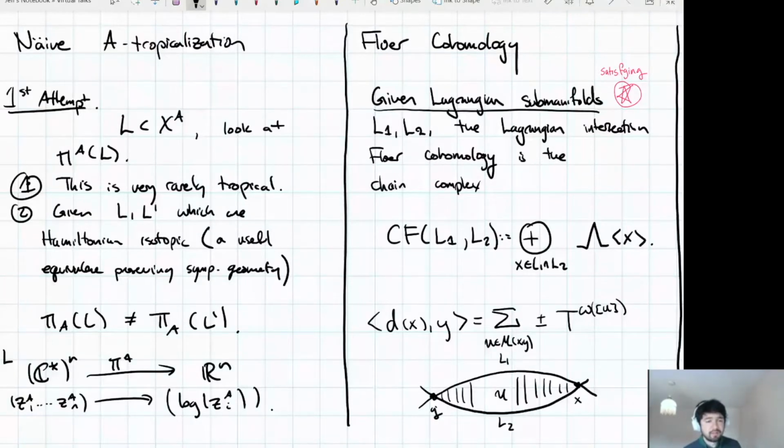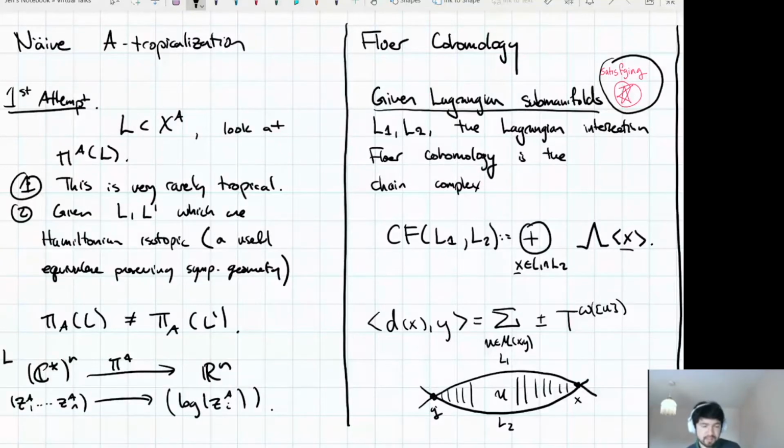So given Lagrangian submanifolds L1 and L2, satisfying some conditions, which I will call star, and I will return to later, the Lagrangian intersection Floer cohomology is a chain complex. It's generated on the intersection points between my Lagrangian submanifolds.